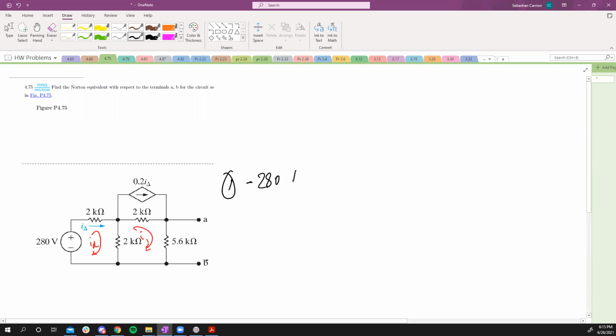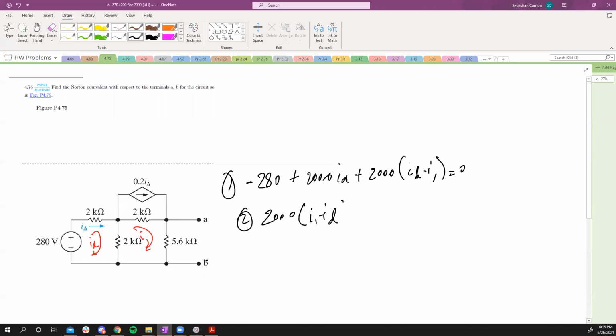Negative 280 plus 2000 times ID plus 2000 times ID minus I1 equals 0. Second equation would be 2000 times I1 minus ID plus 2000 times I1 plus, sorry, this would be minus.